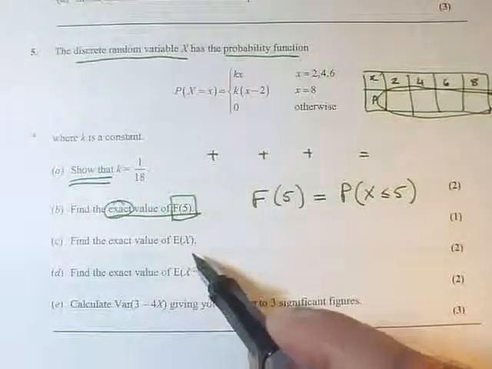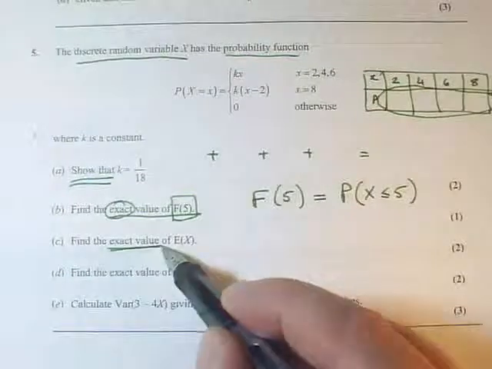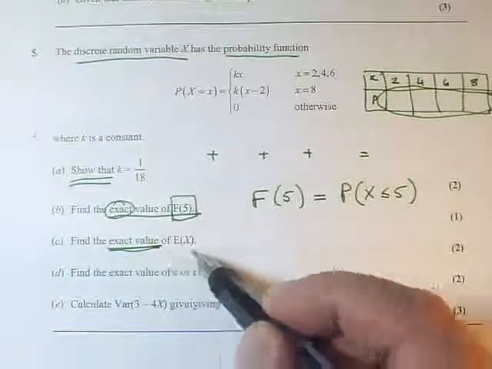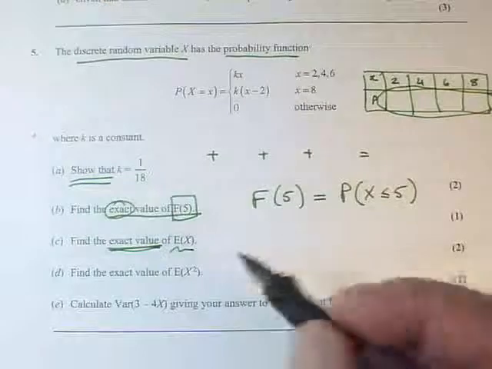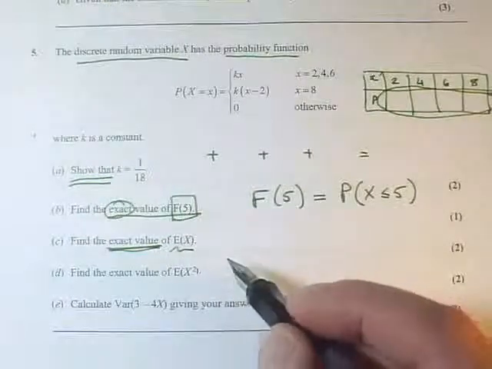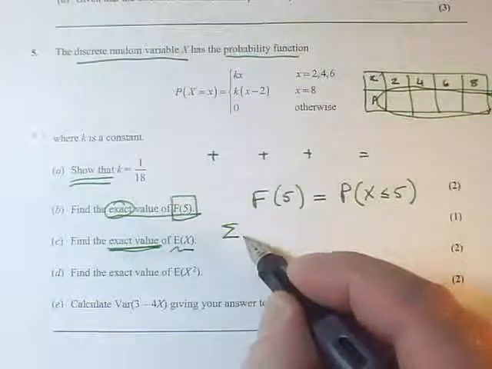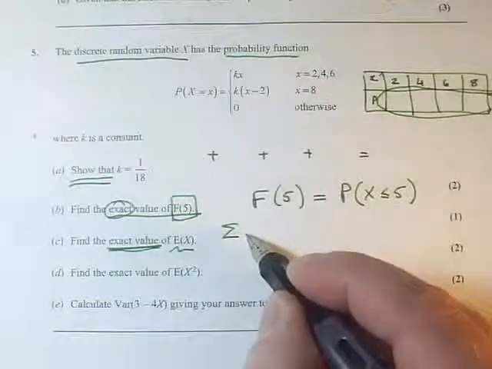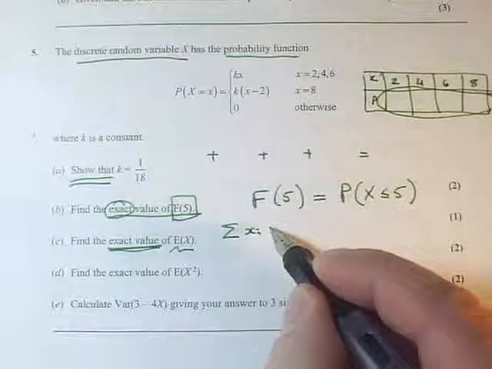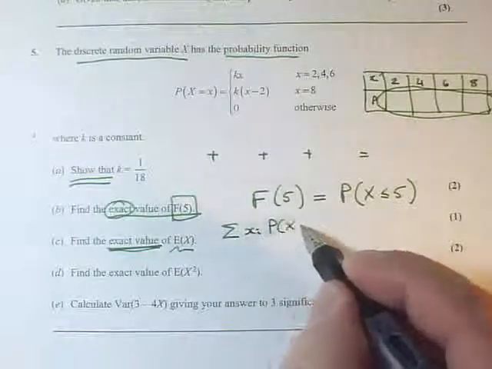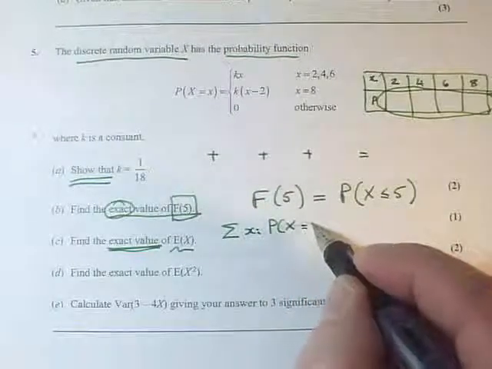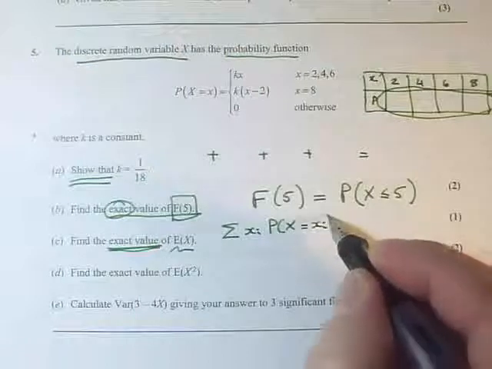Calculate the exact value, so we don't want any horrible rounded decimals, thank you, of the expectation of x. So you have an expectation formula. It's in your formula book. It's a sigma. In the formula book I think it says x_i times the probability that capital X equals that x_i.